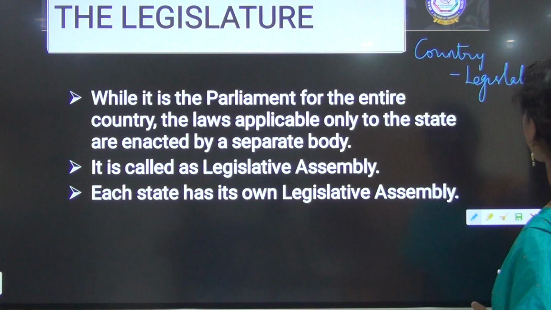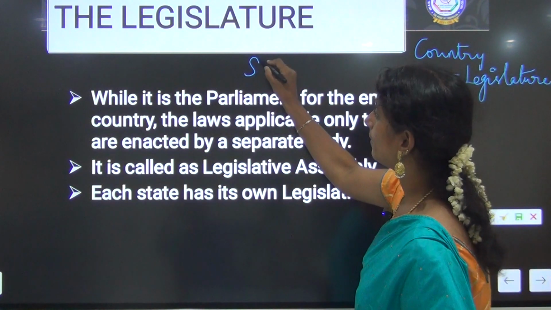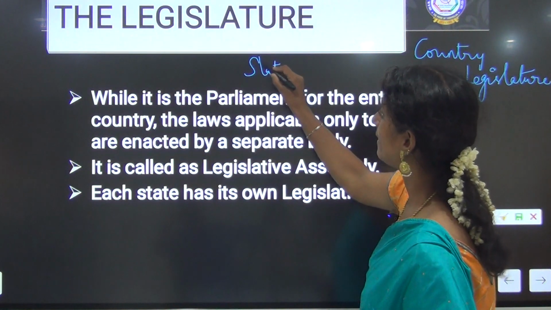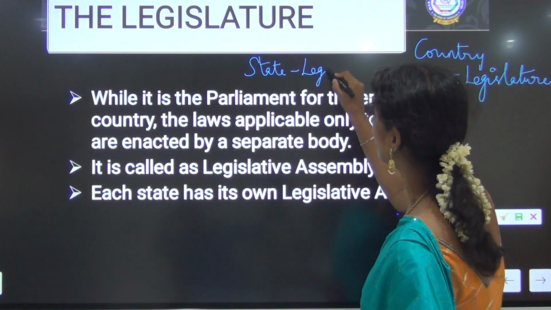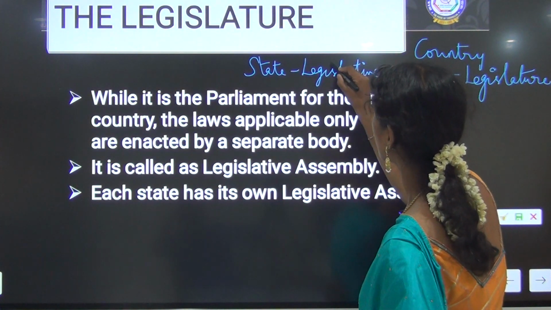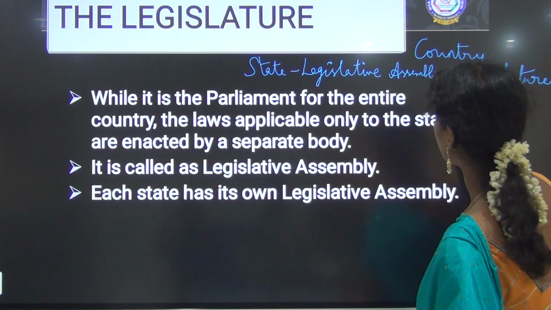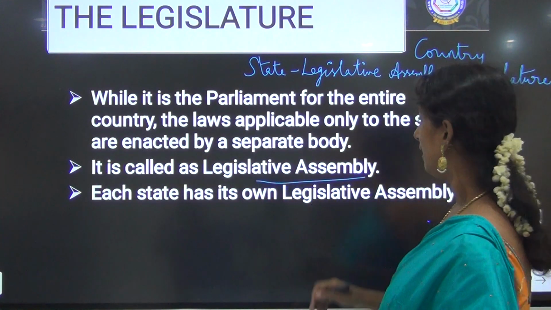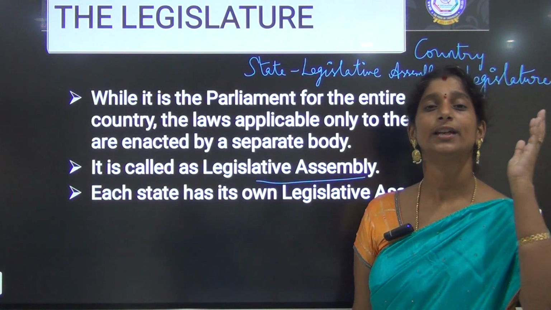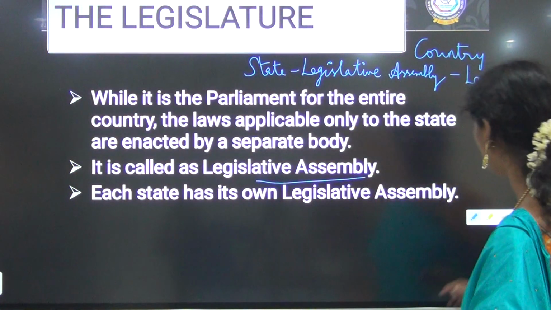When it is for a state, it is legislative assembly. Clear? And all the 29 states have their own legislative assembly.